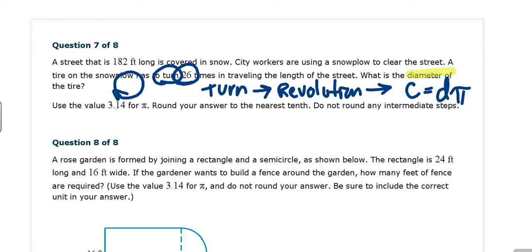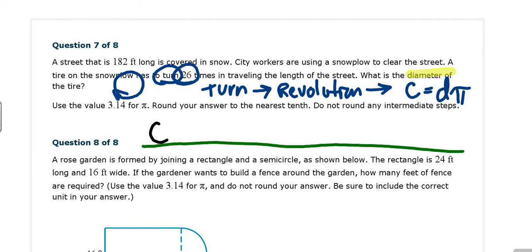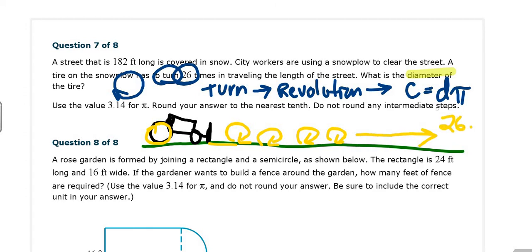So here we have a street, with snow on it. We have a snowplow of some sort. And the tire turns in pushing here 26 times. 1, 2, 3, 4 as it travels down the street 26 times.